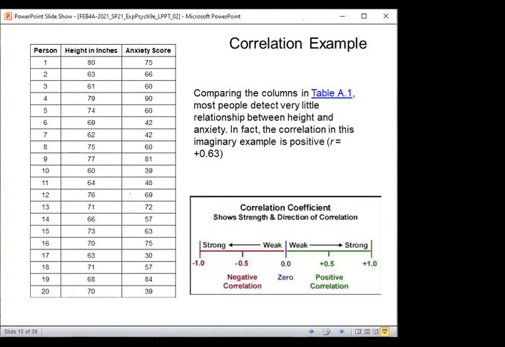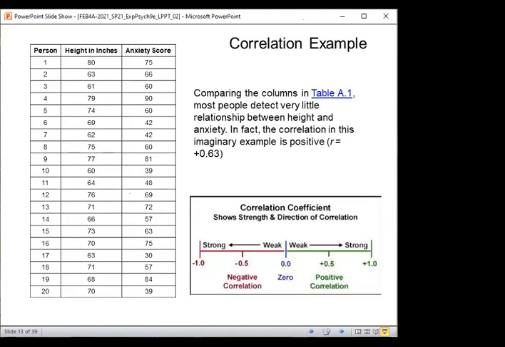Most people detect little relationship between height and anxiety. We have 20 people. We have height in inches: 80, 63, 61, 79, all the way to 70 inches at the bottom. And we have anxiety scores, your sense of unease, feeling like something's going wrong, feeling uncertain about things.